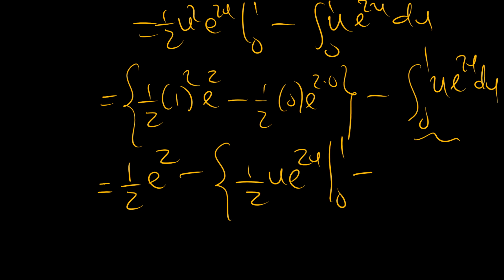The derivative of e to the power 2u is 2 e to the power 2u, so that cancels, so we have e to the power 2u from 0 to 1 du.